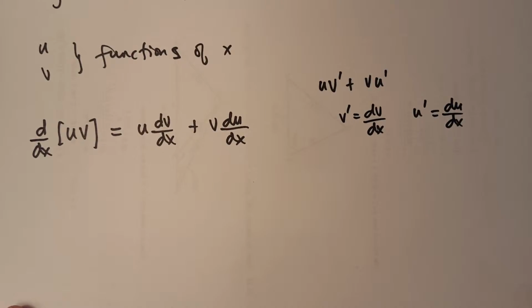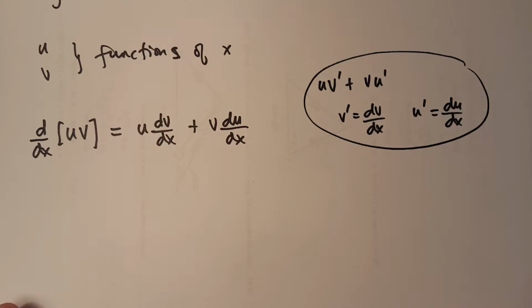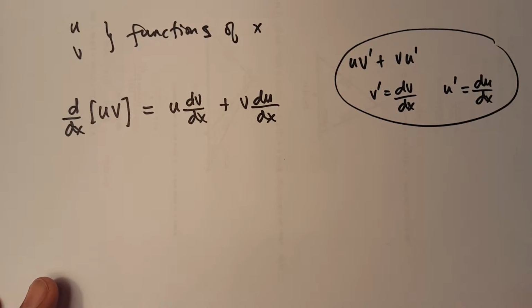One way to make this simple is to consider dv and dx as separate variables, and this will come in handy later on.